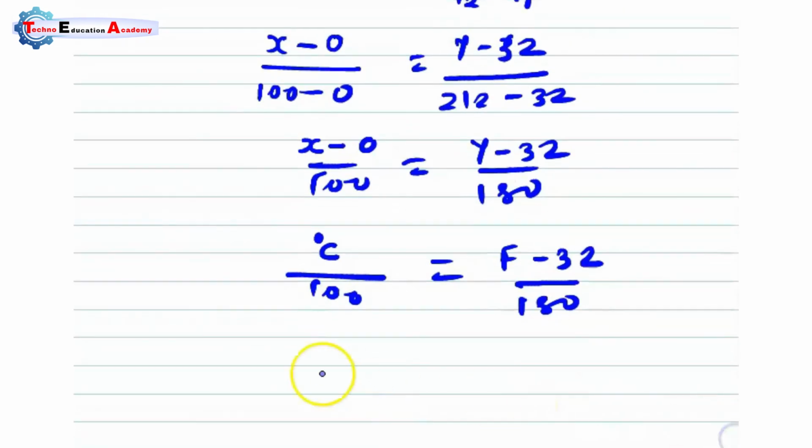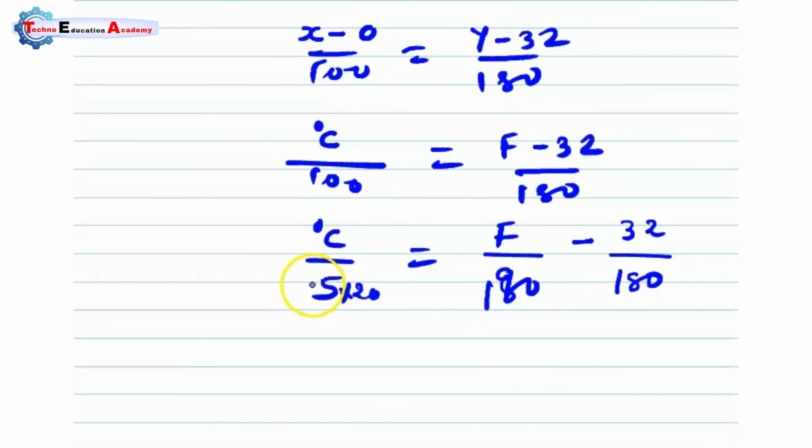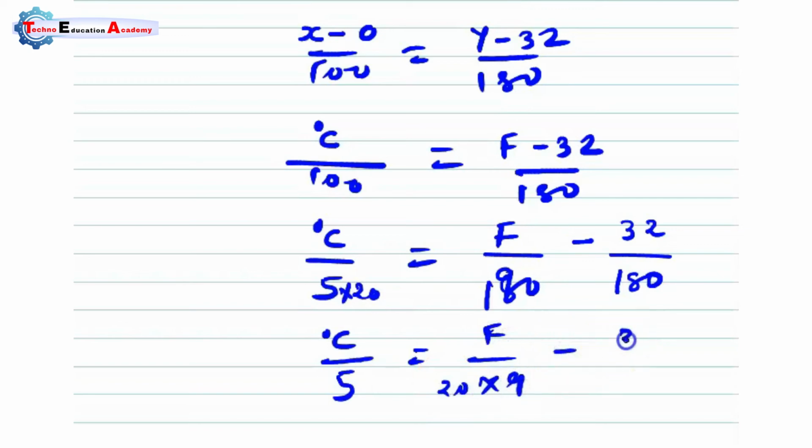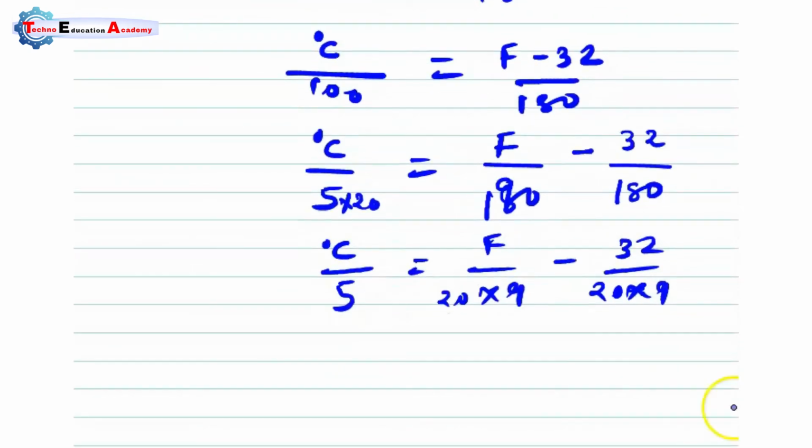Now we can take out the common factor 20 from all sides, so C divided by 5 is equal to (F minus 32) divided by 9, since 20 times 9 is 180. The 20 from all sides we can neglect.